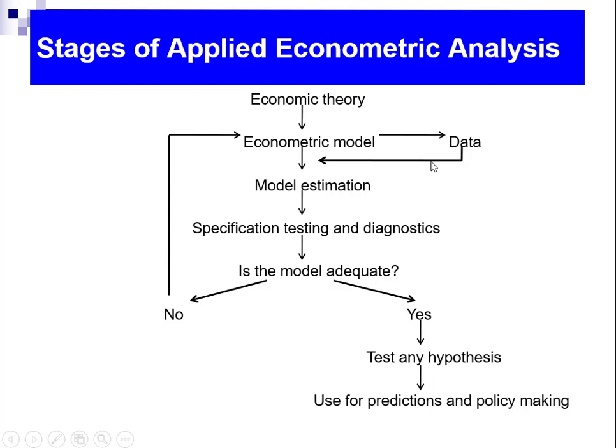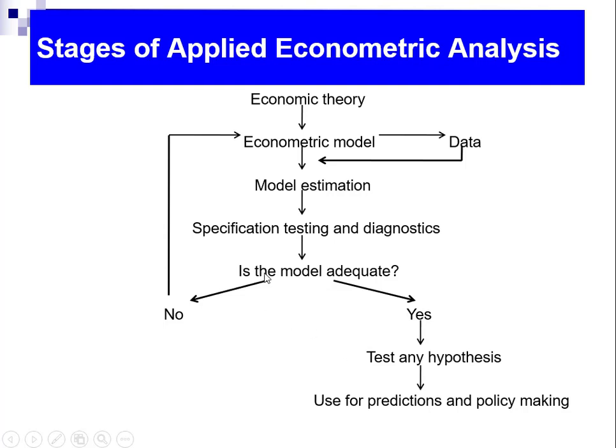After obtaining the data, we look at the model specification and estimate. After estimating, we conduct a diagnostic check. If everything holds, they are not violating any assumptions, then we check the hypothesis and use it for policy purpose.